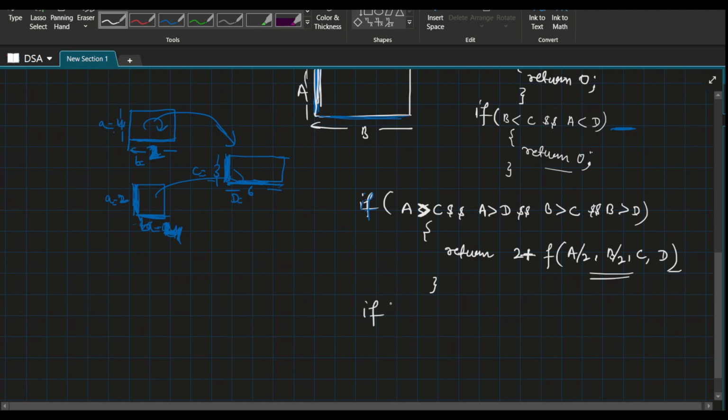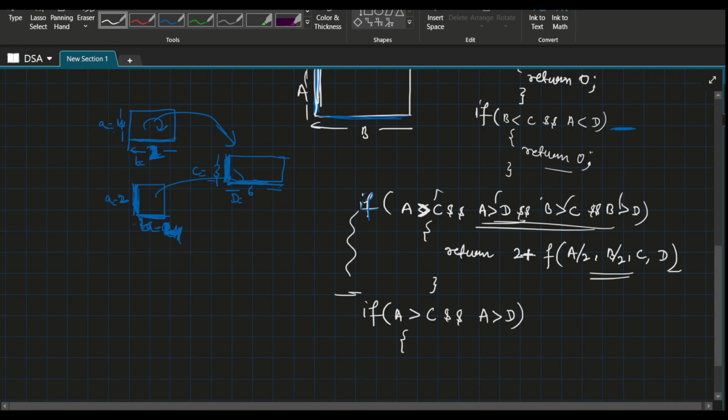So we will check if A is greater than C and A is greater than D. If this condition is false, it means that any of these four conditions can be false.